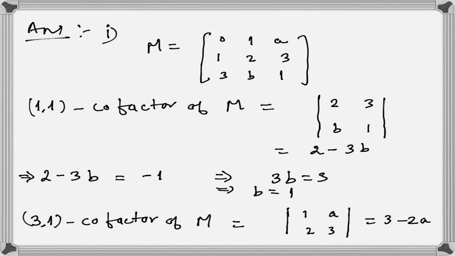As we know, adjoint M is the transpose of the cofactor matrix, so this 3 1 cofactor will be stored at the 1 3 place of adjoint M. So 3 minus 2a will be the 1 3 entry of adjoint M, which is minus 1.